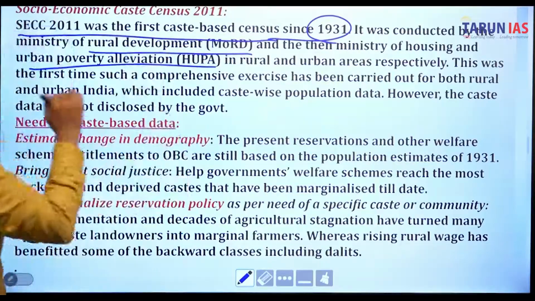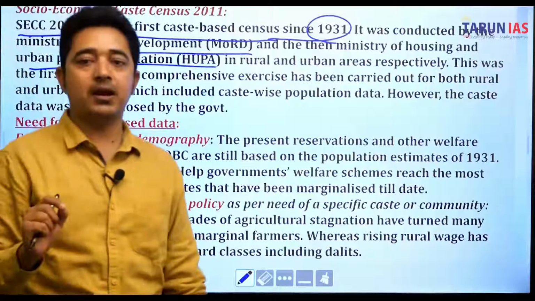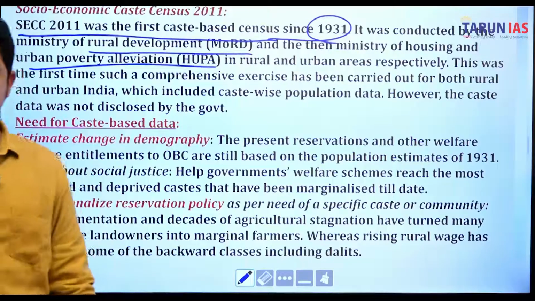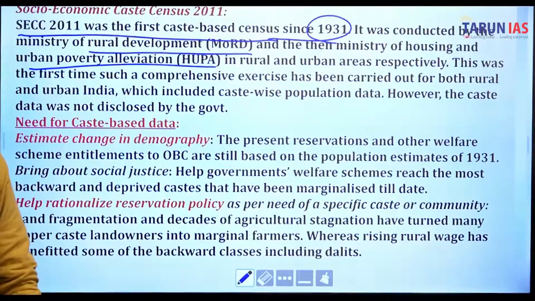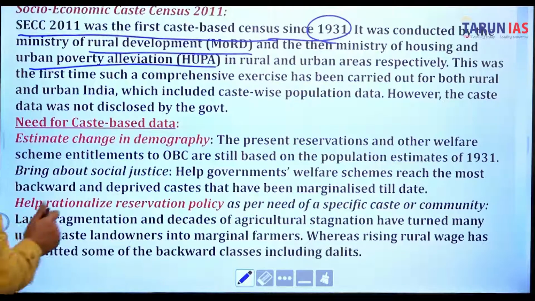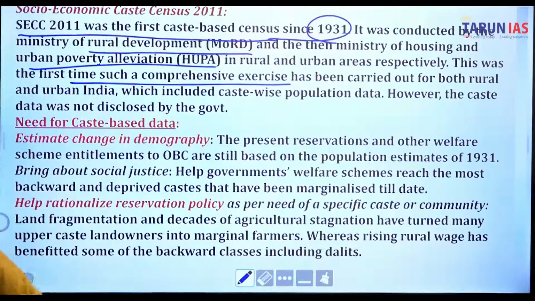So the first socio-economic caste census 2011 was conducted not by the Ministry of Home Affairs but by MoRD and HUPA, in rural and urban areas as well. This was the first time such a comprehensive exercise was carried out for both rural and urban India.